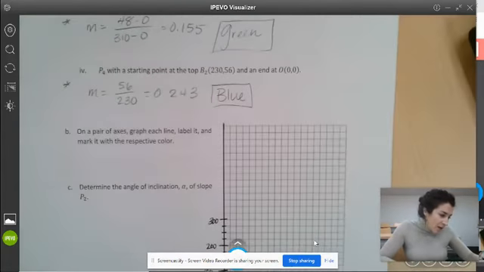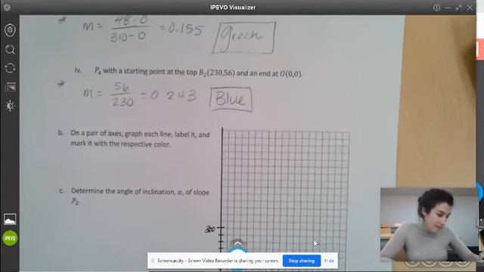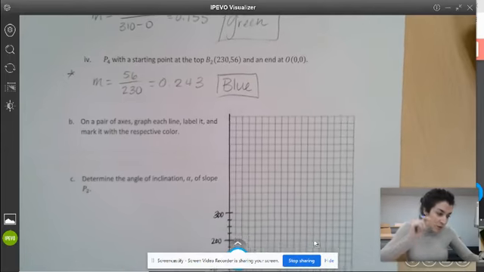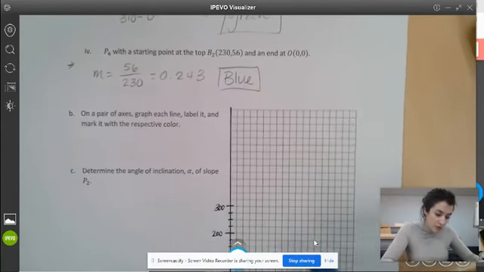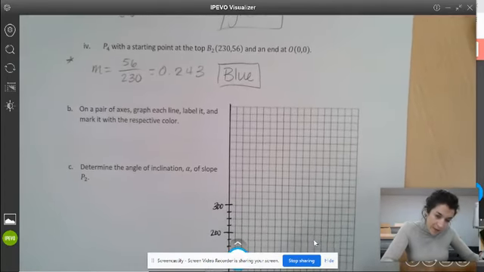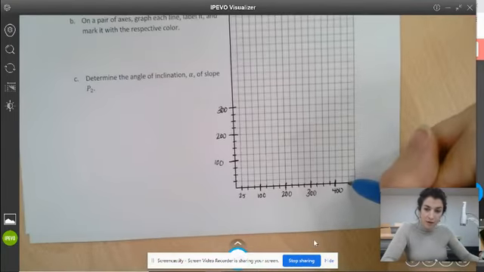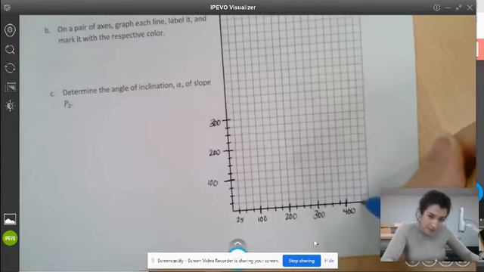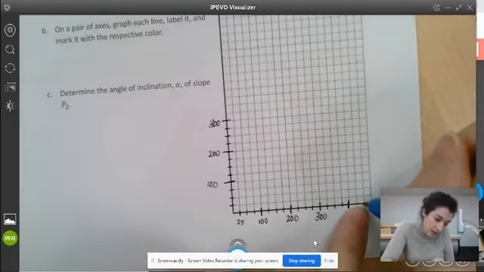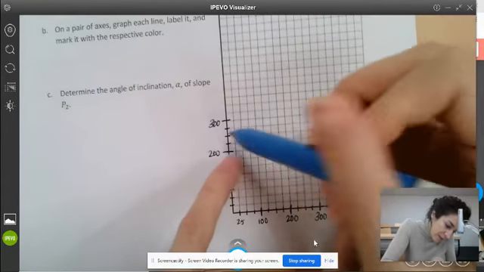Okay. I'm first going to represent my black slope, so the I one, and it says that I had a horizontal change of 450, which means I'm out to here, 450, and then a vertical change of 280. So 450 to 280.